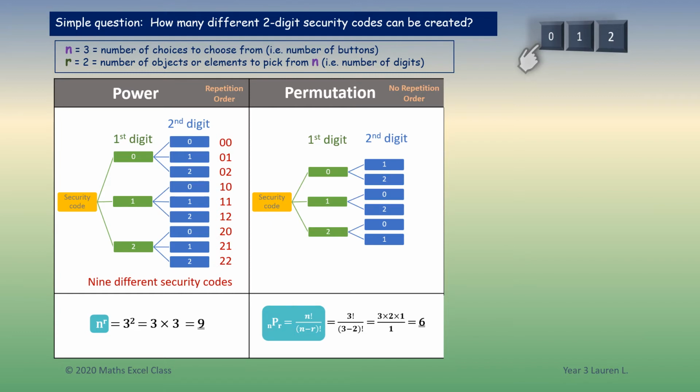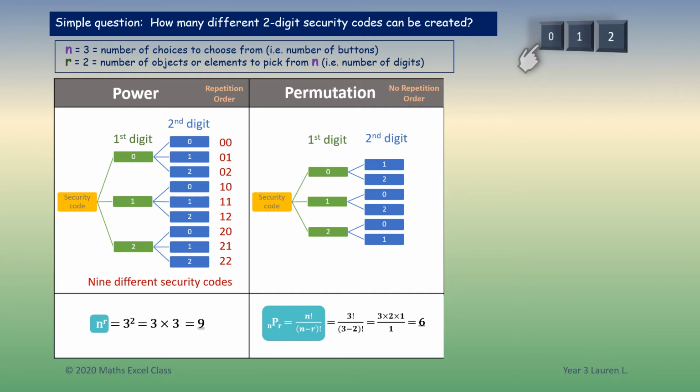So in this question it would be 3 factorial over 3 minus 2 factorial, which equals 3 times 2 times 1 over 1 factorial. Have you noticed that 1 factorial is 1 and also there's a 1 on the top?